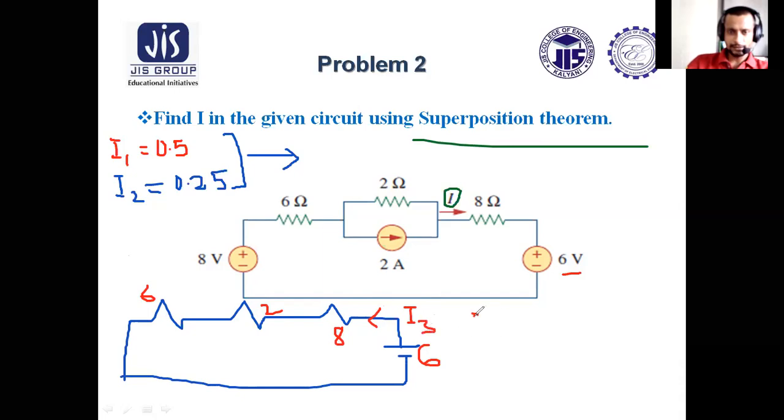So what is I3? 6 divided by 16, so 3 by 8.